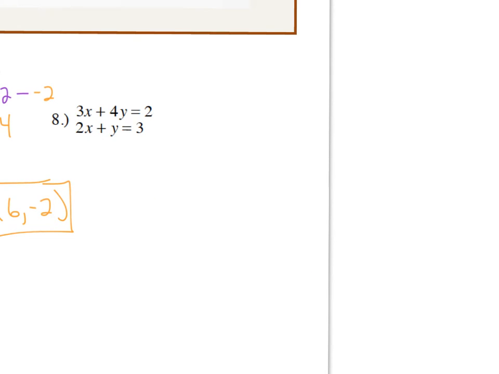For number 8, finding the determinant of A first, the coefficient matrix. So 3, 4, 2, and 1. Again, these are your coefficients from over here, 3, 4, 2, 1. That would give you 3 minus 8. So the determinant of A is negative 5, so that will be the denominator of each of our variables. So let's find x first.